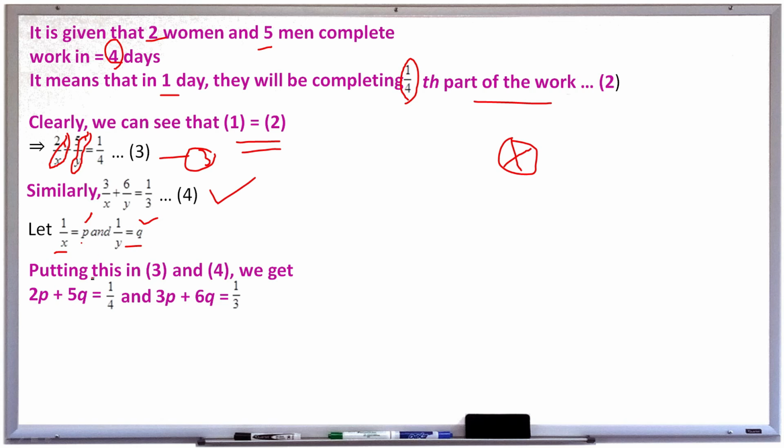Putting this in equation number 3 and 4, equation number 3 will become 2p plus 5q is equal to 1 by 4. Similarly equation number 4 will become 3p plus 6q is equal to 1 by 3.